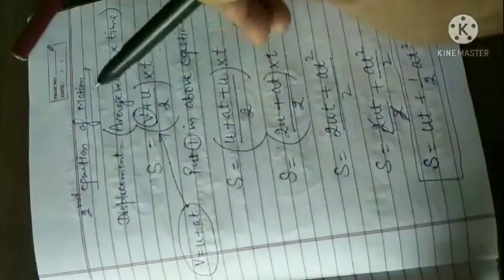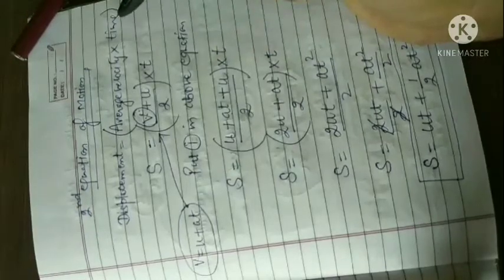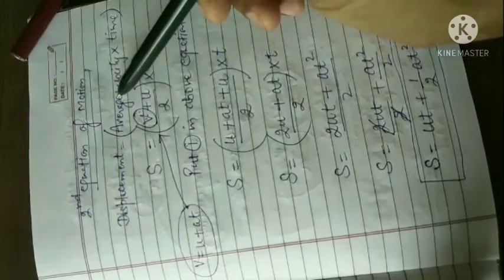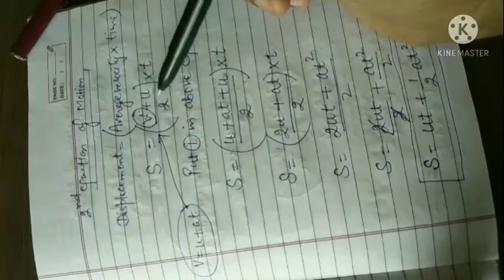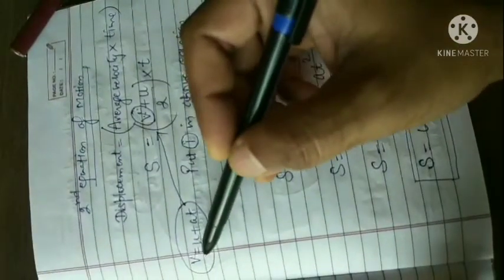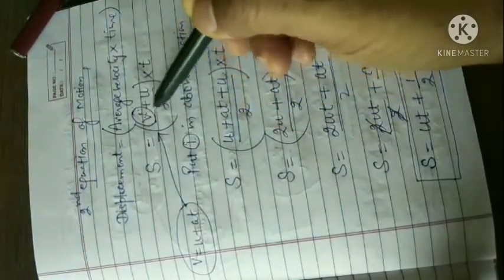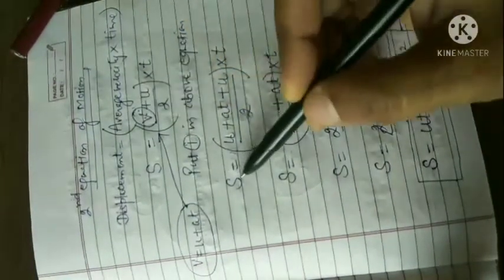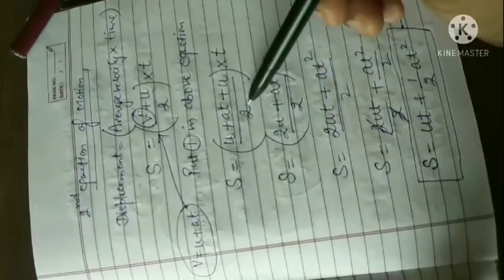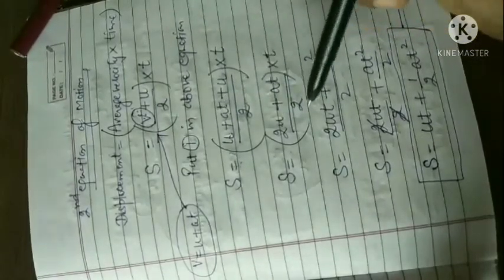Second equation of motion. As you know, displacement is equal to average velocity into time. In place of average velocity we can write V plus U upon 2 into time. From the first equation we know that V is equal to U plus AT. So this value we can substitute in place of V. So S is equal to U plus AT plus U upon 2 into T. U plus U is 2U plus AT upon 2.